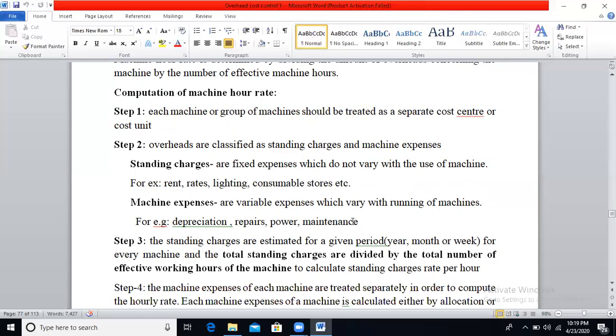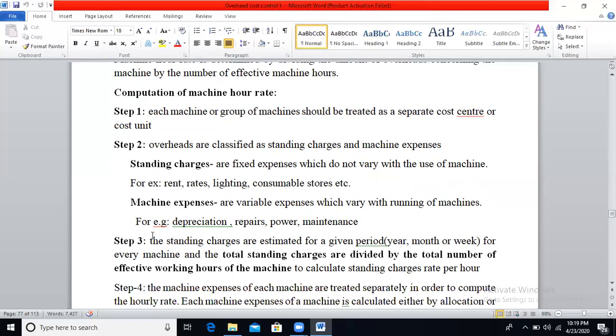If you use the machine more, the power charges will also be more. If you use the machine more, the depreciation of the machine will also be more. So standing charges are the fixed expenses which will not change with the use of machine. Variable expenses or machine expenses are the expenses which will change with the use of machine.